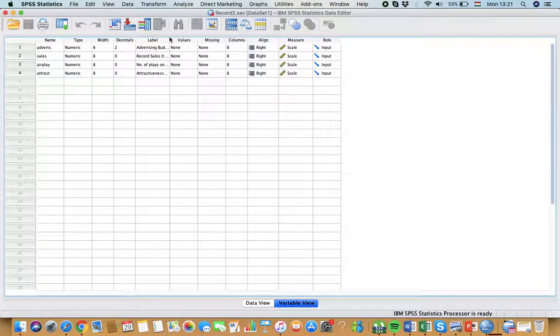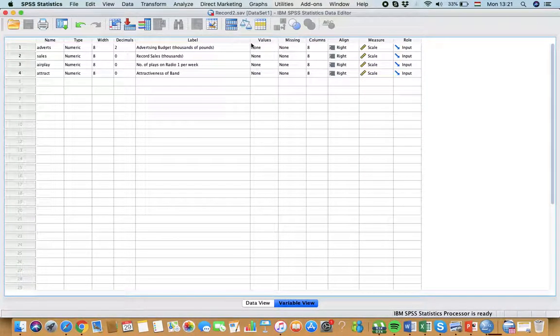Here the record company executive was interested in extending the model of record sales to incorporate other variables. So besides the advertising budget, the other variable, as you can see here, is the number of times the record is played on Radio 1 during the week prior to release.